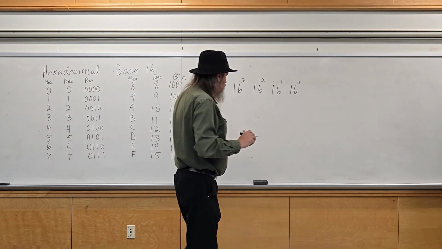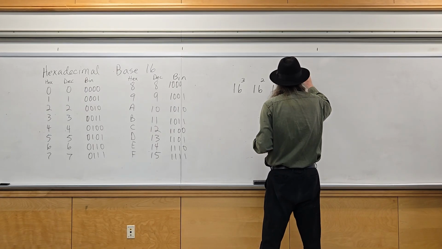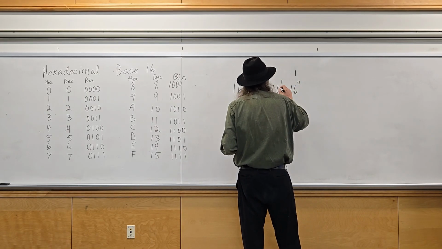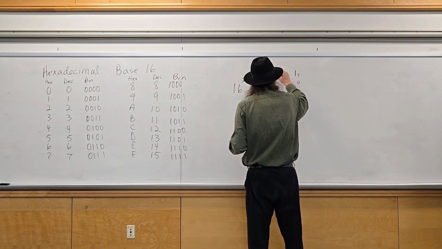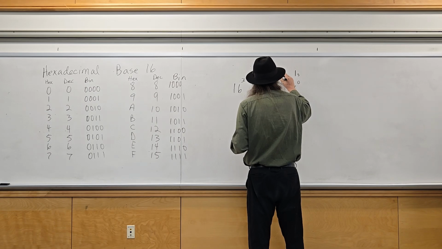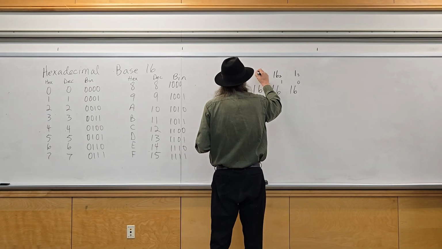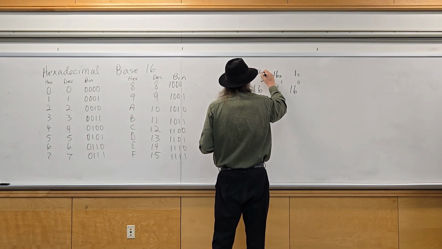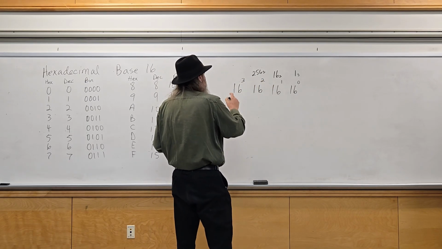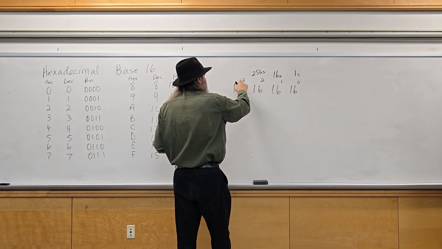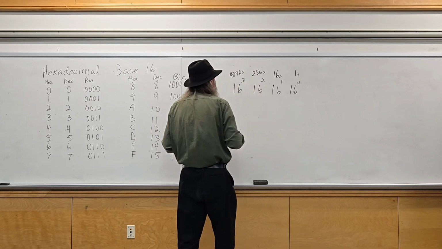I don't expect you to remember the powers of 16 too extensively, but 16 to the 0 is 1, the 1's position. 16 to the 1 is 16's position. 16 squared, to the second power, is the 256's position, and 16 to the third power is the 4096's position.